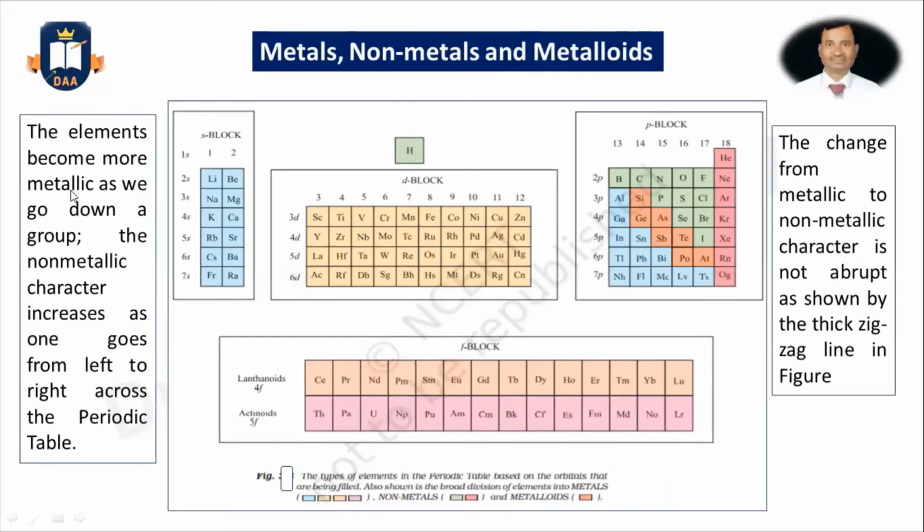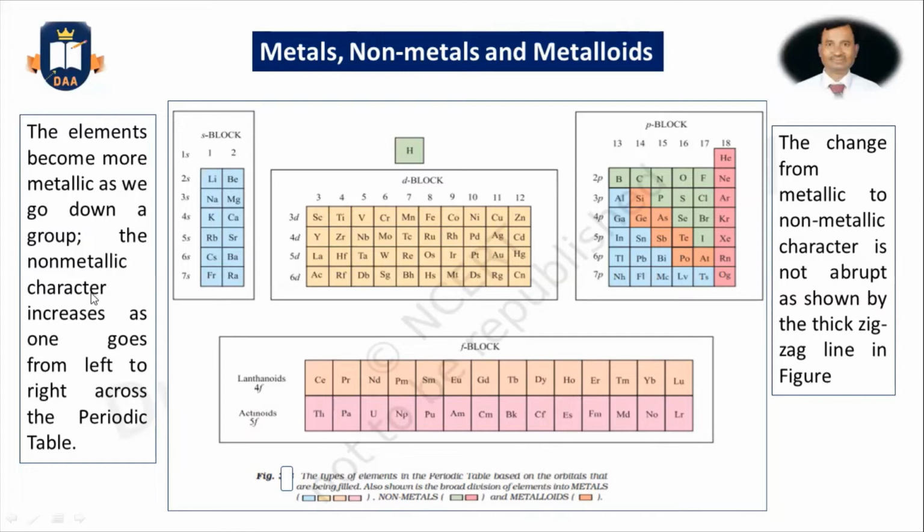The elements become more metallic as we go down the group. Now we'll consider only the group. If you consider group 1, that means lithium, sodium, potassium, rubidium, if you go down along any particular group, then the metallic character will increase.